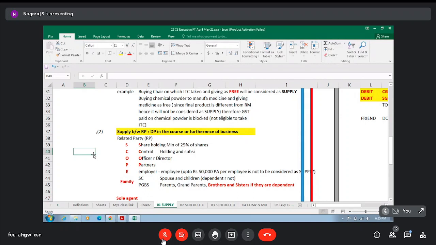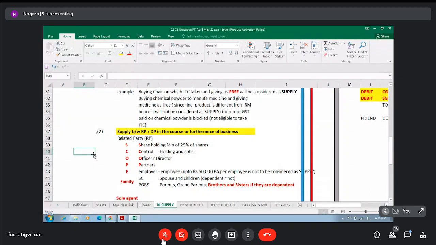Family will take the scope, the related party meaning. Family means what? SC, Supreme Court. Always Supreme Court. Who is the ultimate authority in the home? Is it the husband or wife? Home Minister, the wife. Okay, spouse. And children. PUBG.